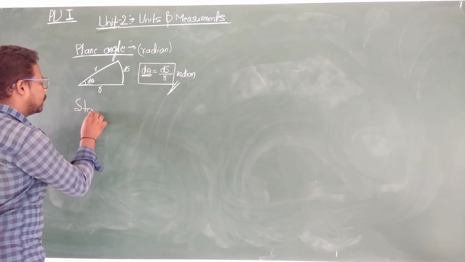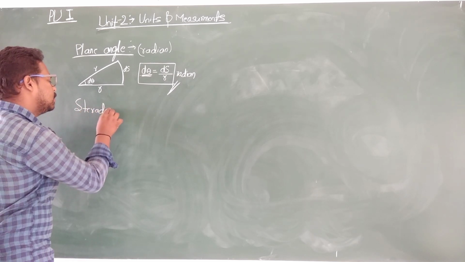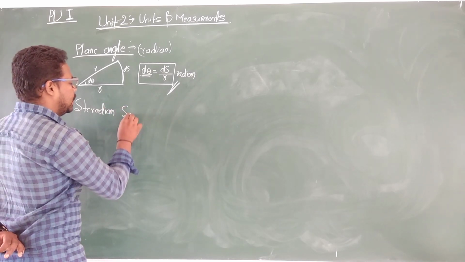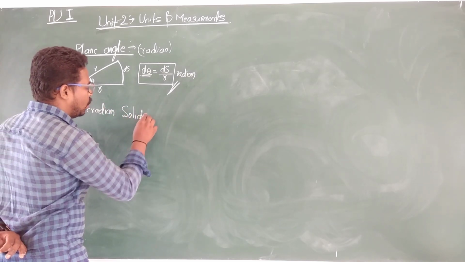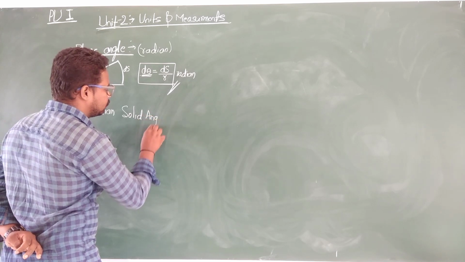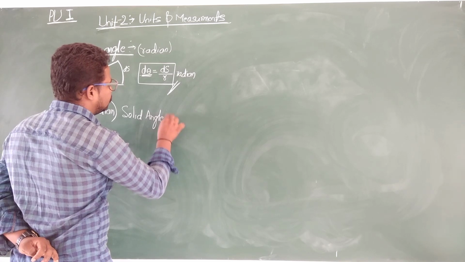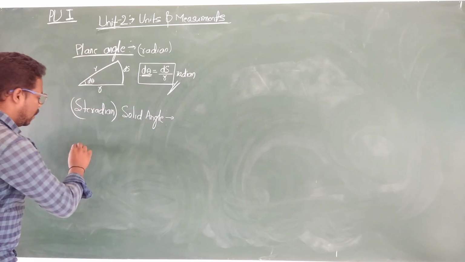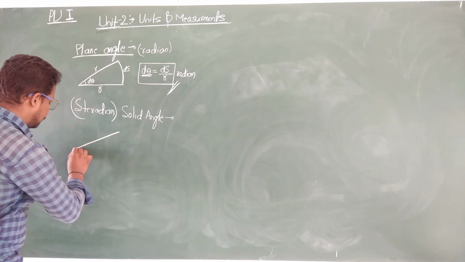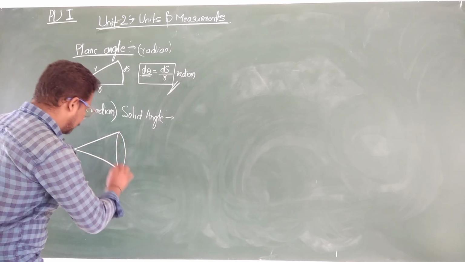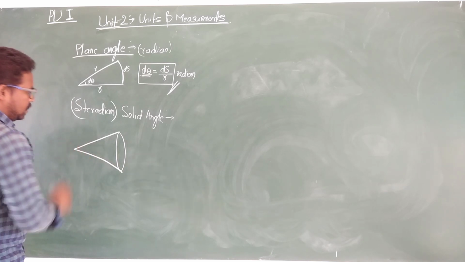Steradian is for solid angle. So we have to say it's solid angle. So let's take solid angle. We consider this as solid angle.